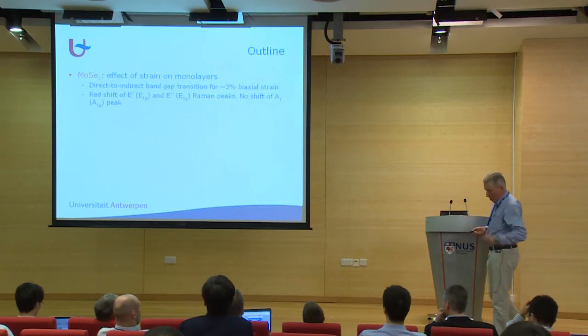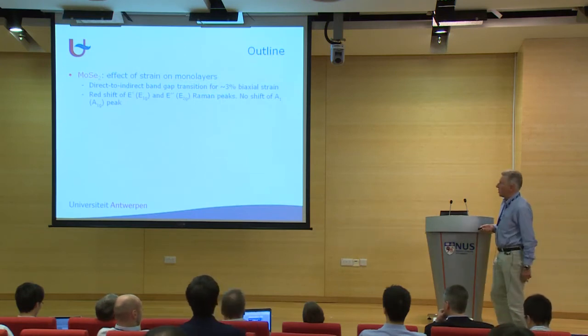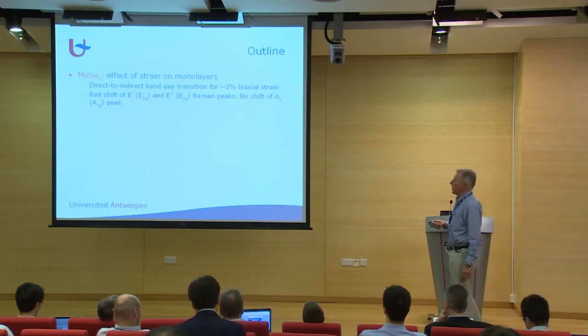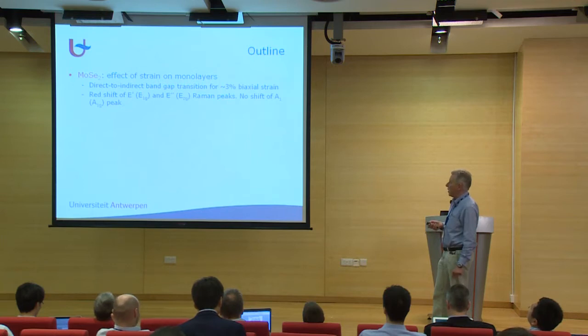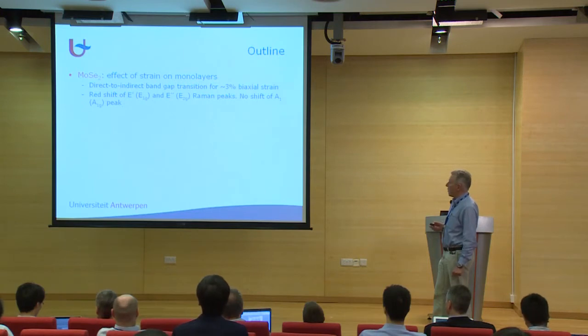So I will be talking about three different materials. On the one hand, molybdenum diselenide, and I will tell you something about the effect of strain on such monolayers, that you can induce a band gap transition from direct to indirect, and I will also look at the phonons.